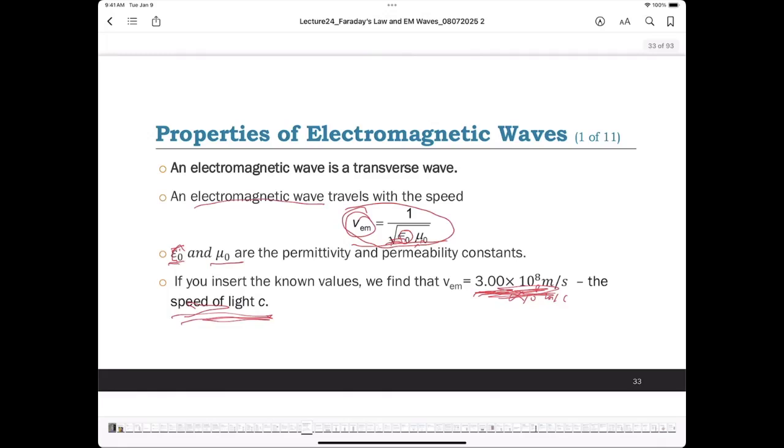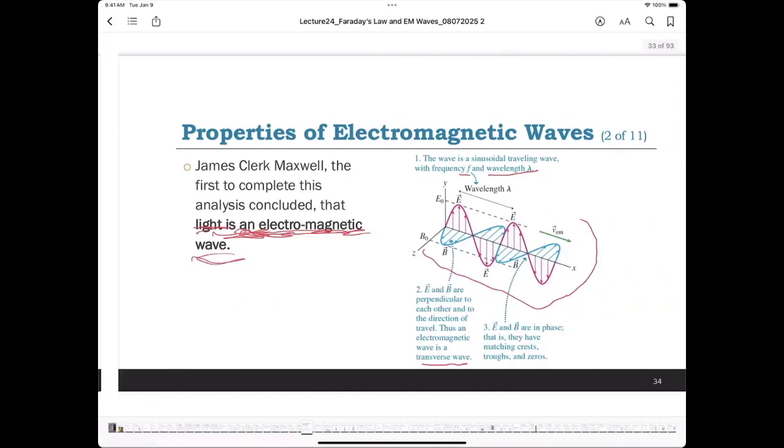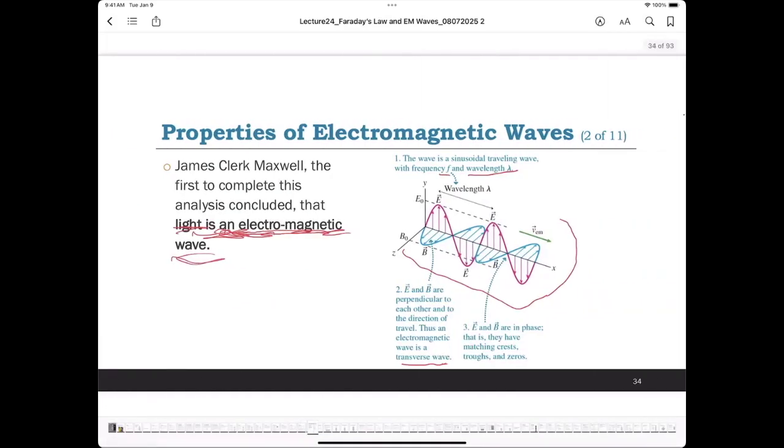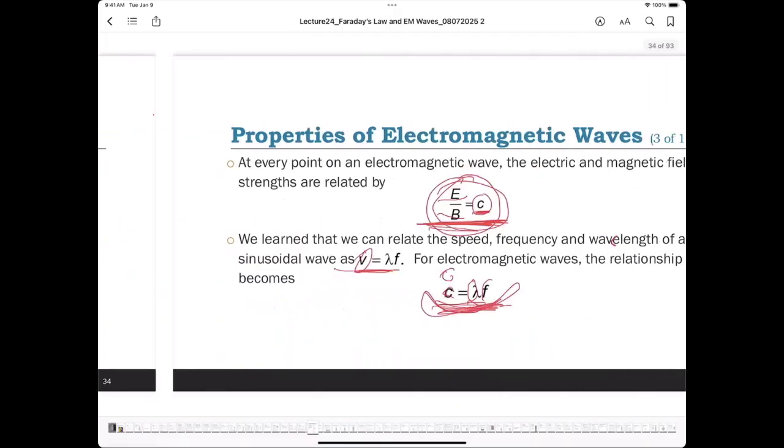It is a transverse wave, and the speed is the same as the speed of light, c. And we also talked about how light is an electromagnetic wave. Light is not only a wave, it's also an electromagnetic wave.